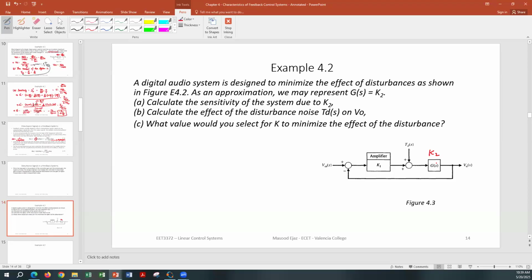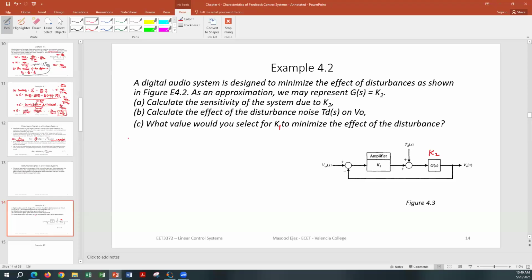Calculate the sensitivity of the system due to changes in the gain K2. That's the first part. Then calculate the effect of the disturbance noise T_d on the output voltage. And what value would you select for the amplifier gain K1 to minimize the effect of the disturbance?